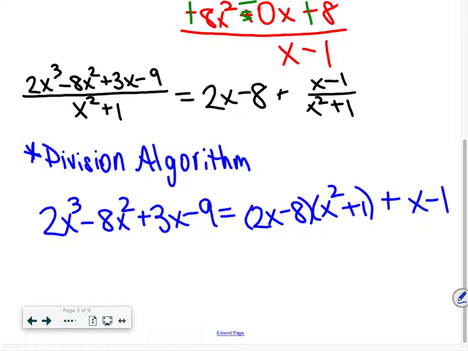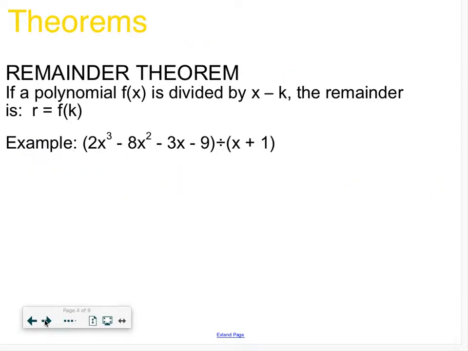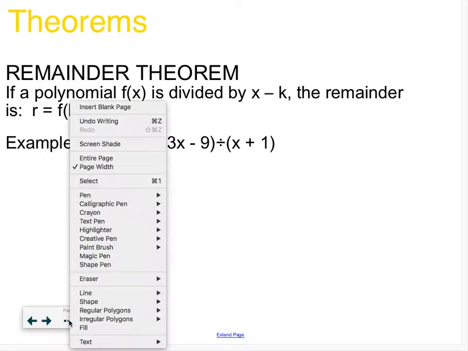We're going to talk about a couple theorems, and they're very much related. Okay? You will start to get flashbacks to Algebra 2. Let me know when you start to have some flashbacks. I mean, I know that this division was familiar, but just let me know. So first of all, I'm going to go ahead and put a screen shade up here.